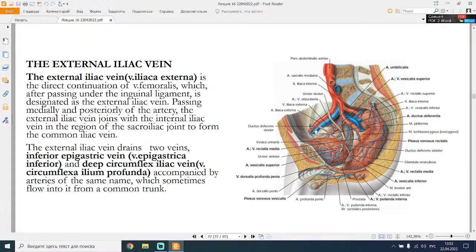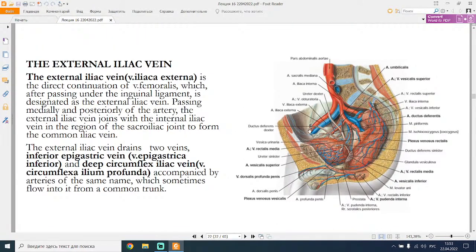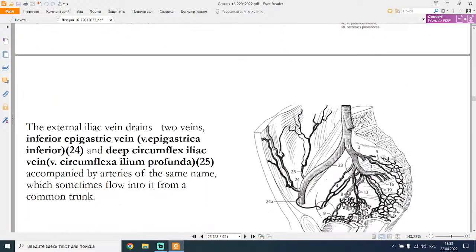The external iliac vein drains two veins, the inferior epigastric vein, vena epigastrica inferior, and the deep circumflex iliac vein, vena circumflexa ilium profunda, accompanied by arteries of the same name, which sometimes flow into it from a common trunk. This is in the picture.